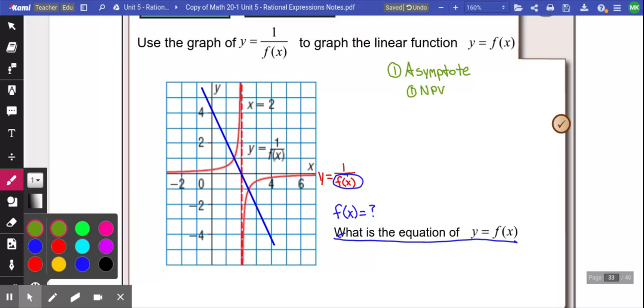If you look at this, the asymptote is going through 2. That tells me that the NPV was x cannot equal 2, which means the original graph had an x-intercept of 2.